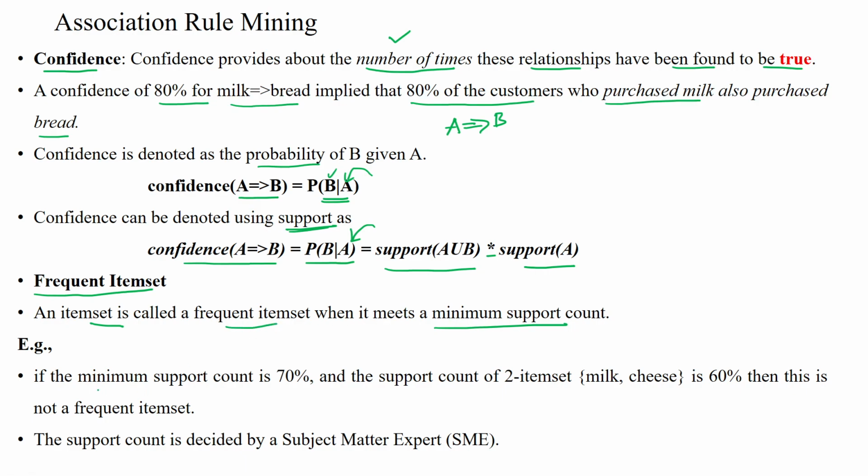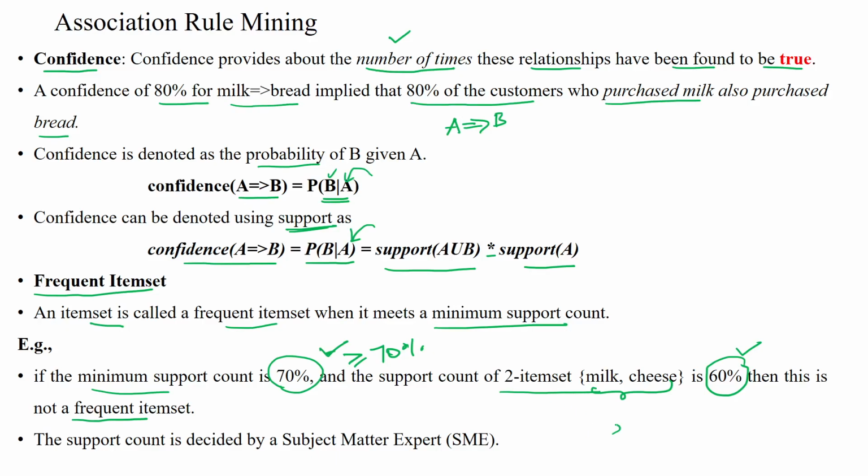For example, if the minimum support count value is 70%, and the support count of the two item set milk, cheese is 60%, then this is not considered a frequent item set. A frequent item set should have support greater than or equal to the minimum support count of 70%. Only then will it be considered a frequent item set.